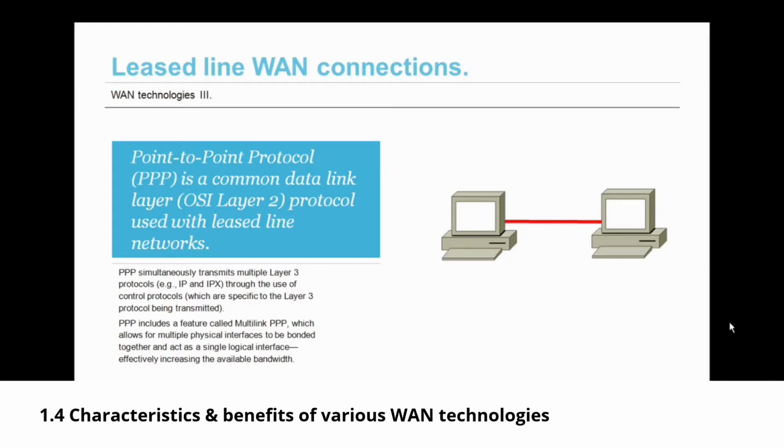PPP can include a feature called multilink PPP, which allows for multiple physical interfaces to be bonded together and act as a single logical interface. This effectively increases the available bandwidth to that system.